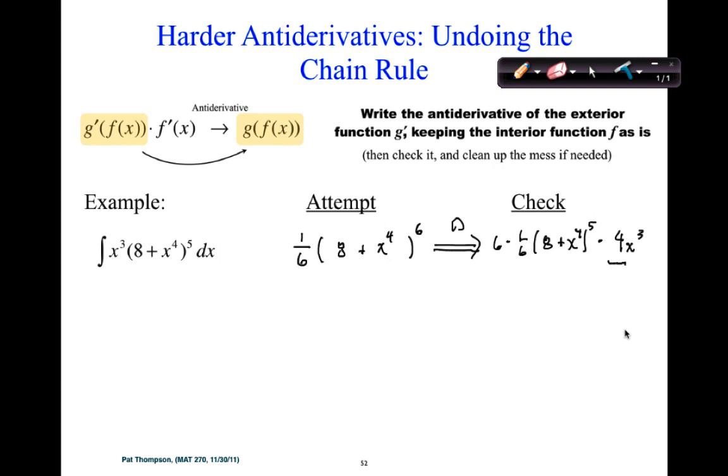What else do we need to include? Another 1/4, right? If we include a 1/4 and took the derivative of it, it would work. We'd have exactly the rate function.